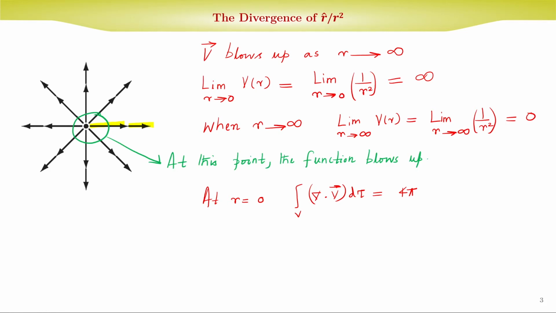And no ordinary functions behave like this. What we have stumbled on is a mathematical object known to physicists as the Dirac delta function. It arises in many branches of theoretical physics.